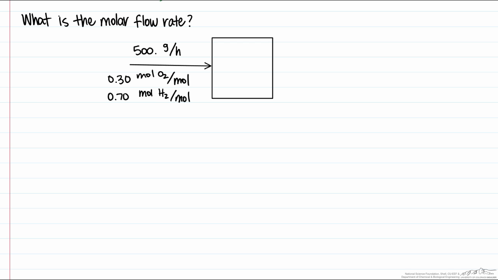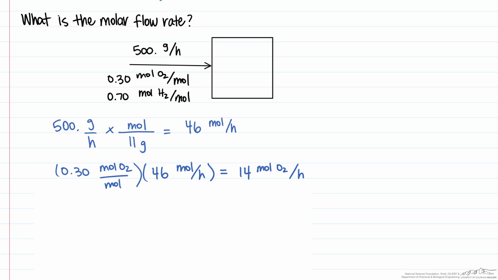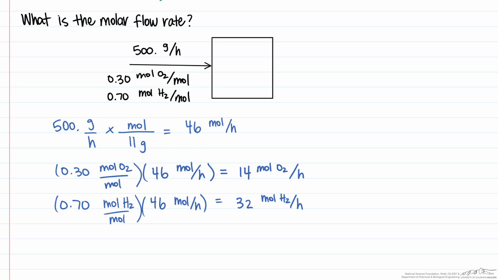So we have 500 grams per hour, and we divide it by 11 grams per mole. Our molar flow rate is 46 moles per hour. Once we're given this, we can find out how much oxygen there is, because these are mole fractions. So that's going to equal 14 moles of O2 and 32 moles of H2.